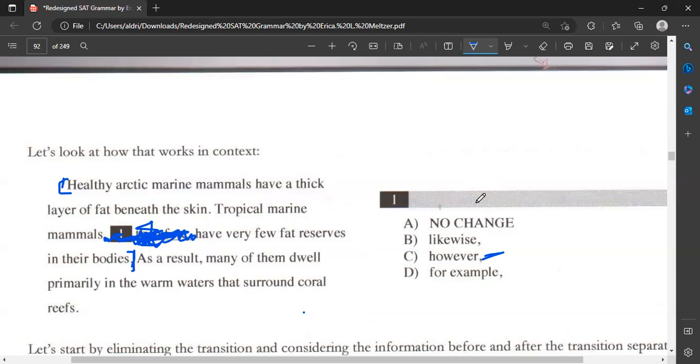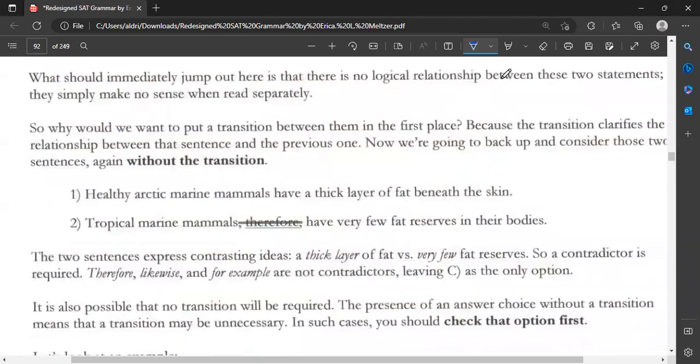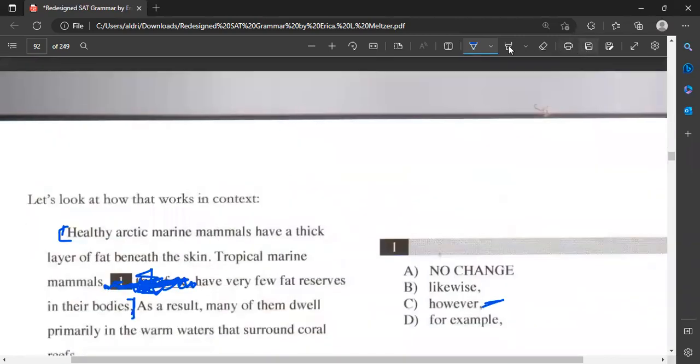So the only time you should have them in between is if they're surrounded by two commas, as non-essential words. Otherwise, they should be beginning a new sentence. In this case, it was okay because it was a non-essential word. And again, it's the only contradicting transition that we had. Only one.